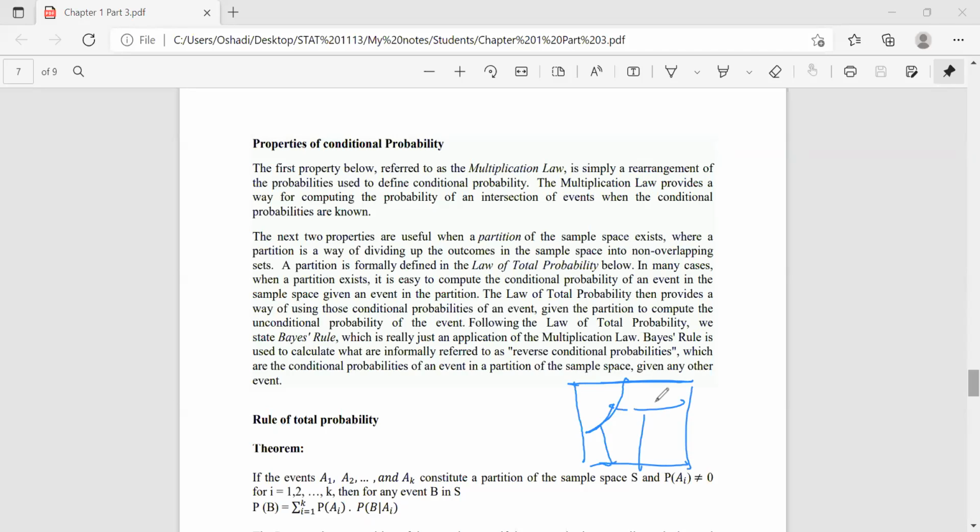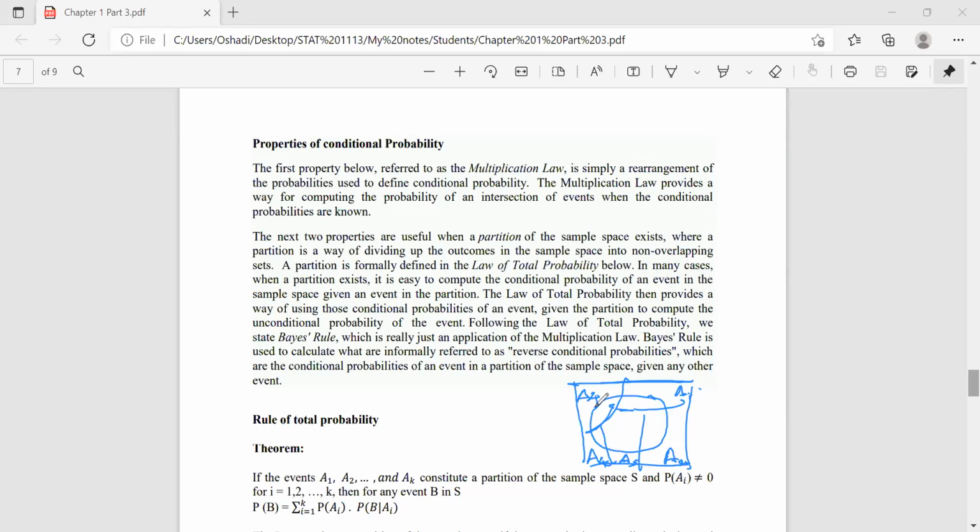And another event has also occurred. Let's say this is A1, this is A2, A3, A4, A5, likewise.